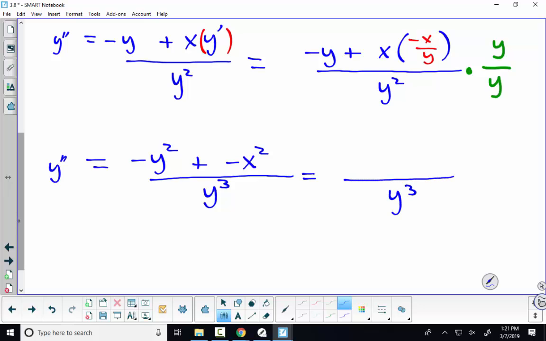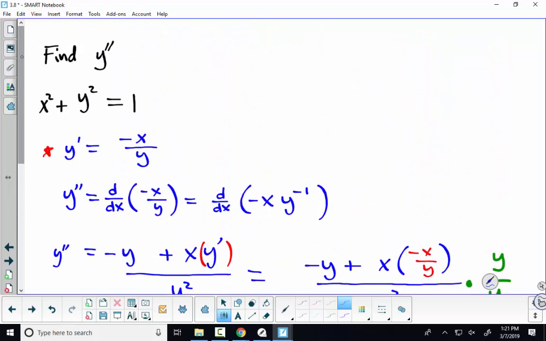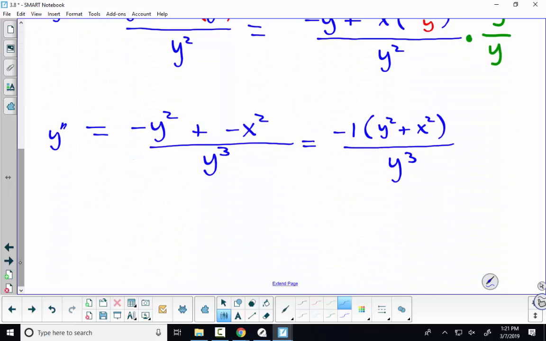So let's just factor out a negative from both of those. And we have y squared plus x squared times negative 1. What's y squared plus x squared? We're given what y squared plus x squared is. That's the original relation. Y squared plus x squared is equal to 1.